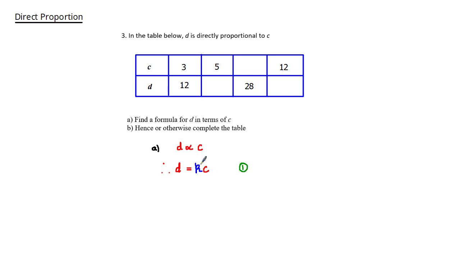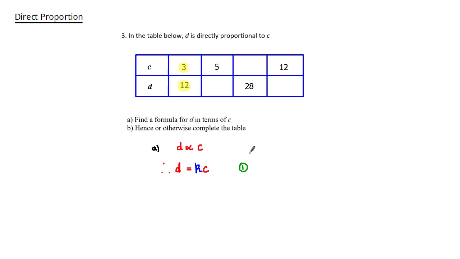Now, in order to find K in this instance, we need to use the table to find a case where we know what the value of D is when we know the value of C. And if you look at the table, we can find this case right here. When C is equal to 3, we have that D is equal to 12.